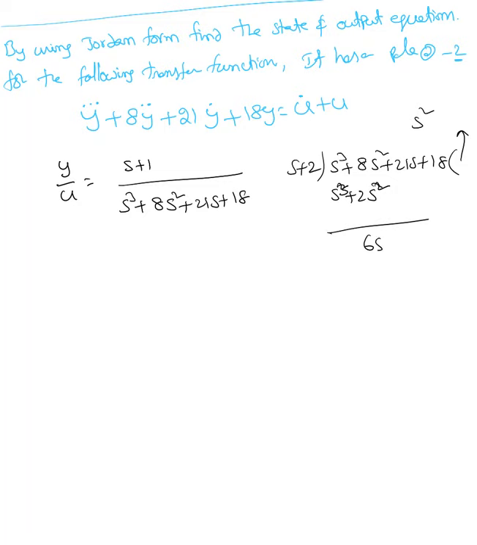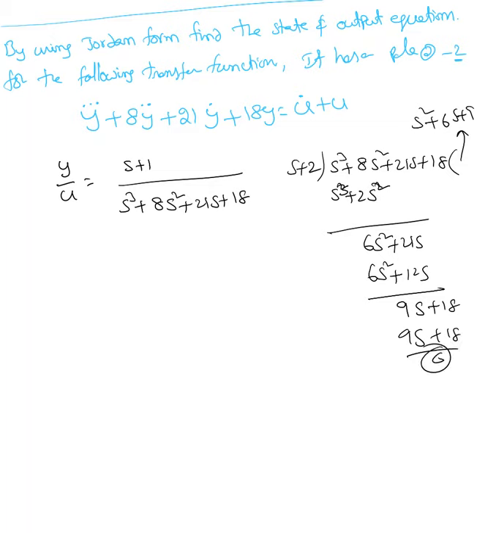So I end up with 6s square plus 21s, s square plus 6s. So 6s square plus 12s. So 21 minus 12, 9s plus 18. So I'm going to multiply with 9s plus 18. Okay, and that's going to be 0.